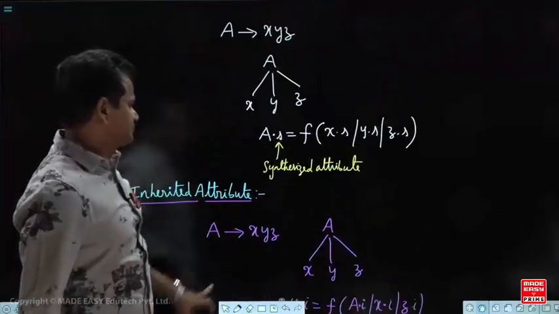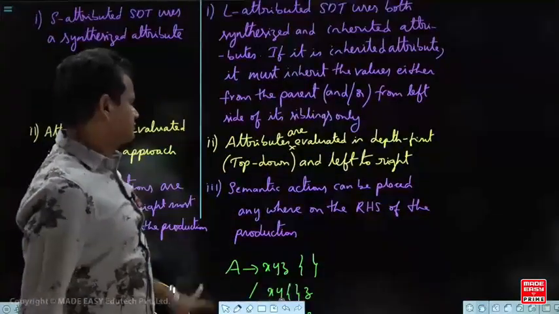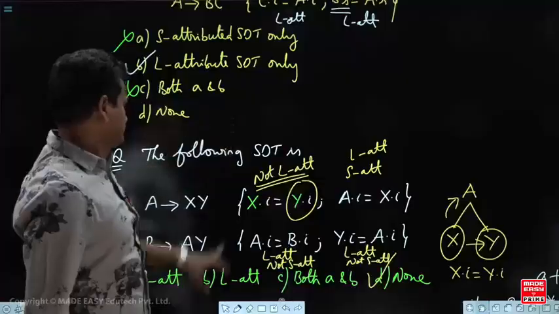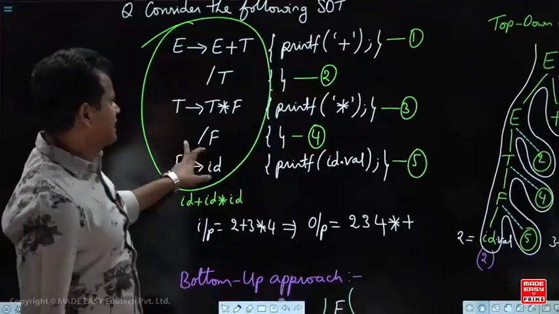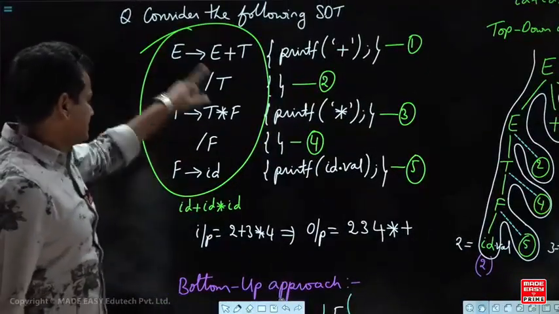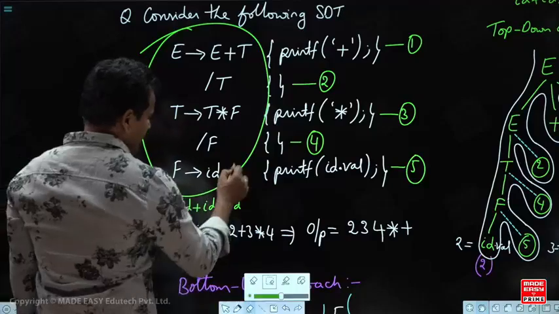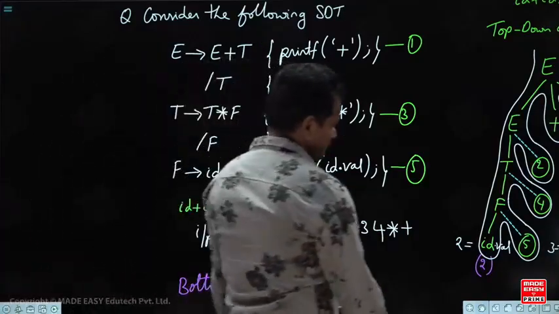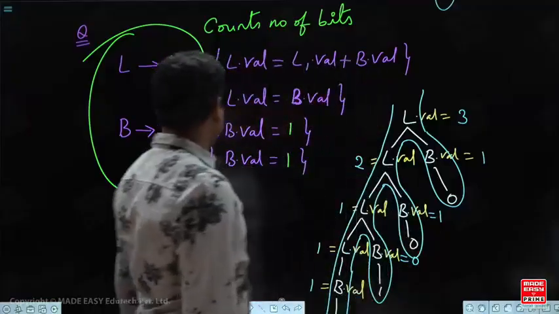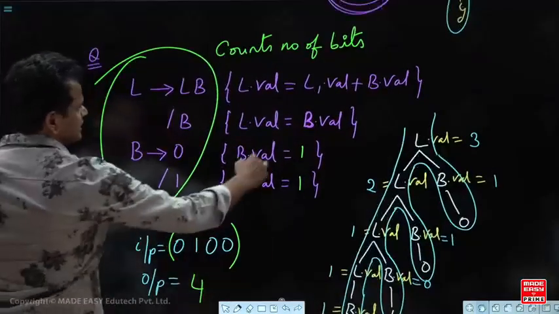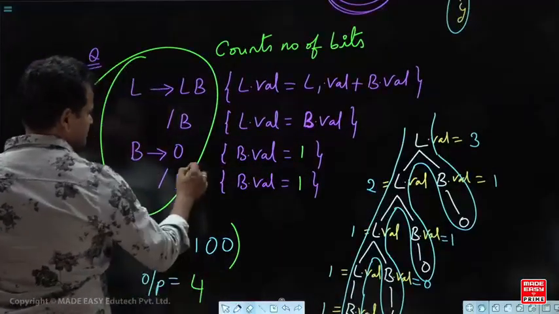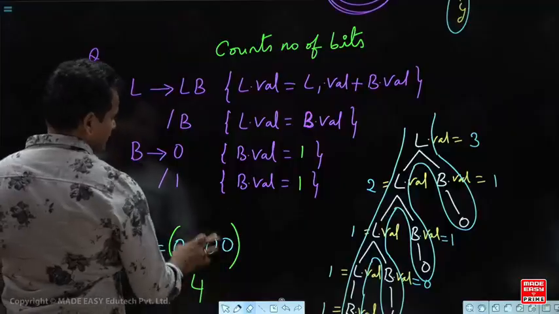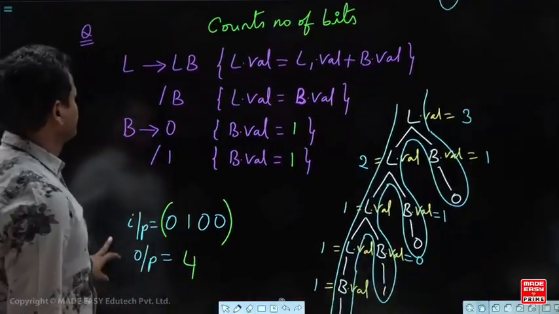Here also the same grammar and same input, but the output is different. If I change both to ones, then it counts the number of ones or number of bits. Now, we'll go for a different one.